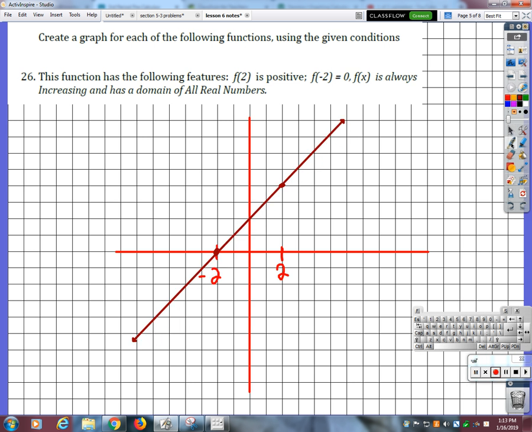Then we have f of 2 is positive. Check. f of negative 2 equals 0. Check. It is increasing the whole time. Check. And it goes to the left and to the right forever. So we have met all the criteria.